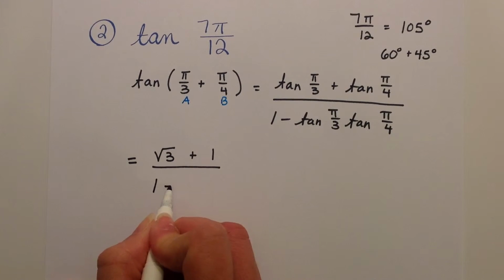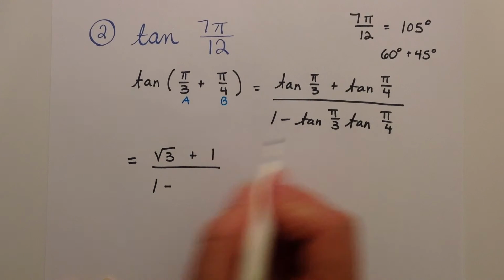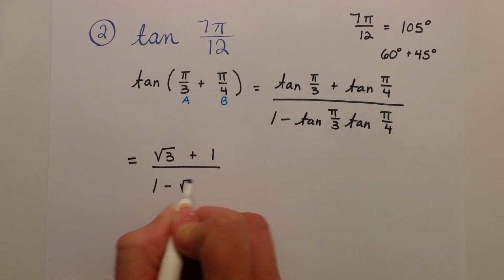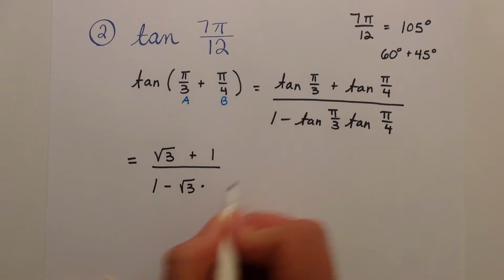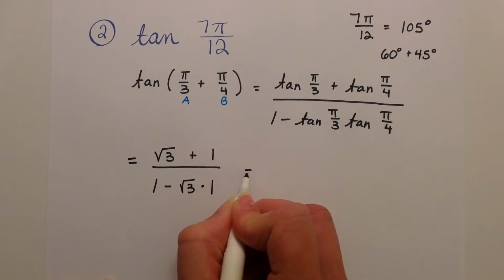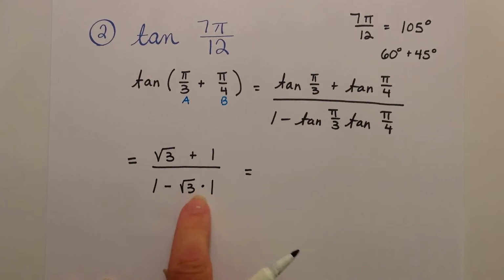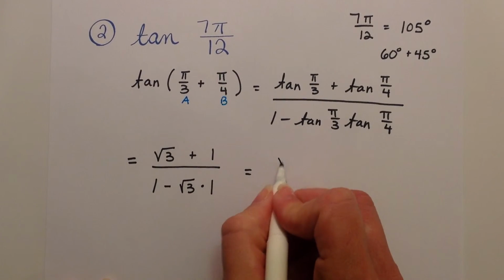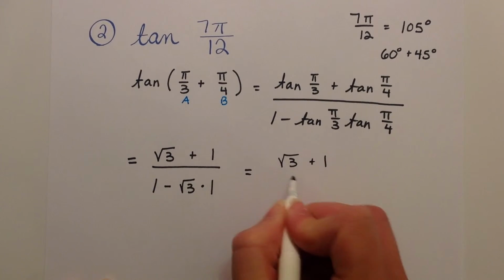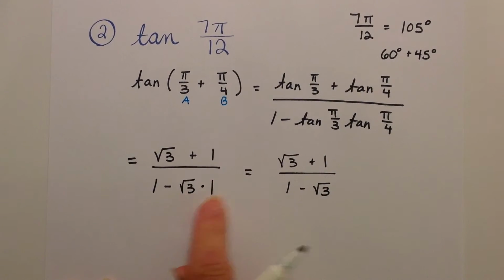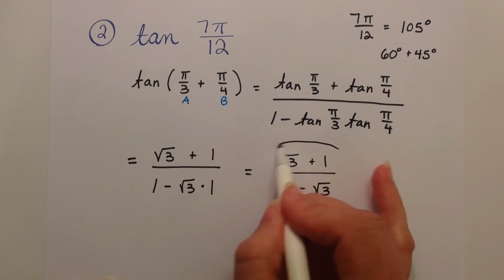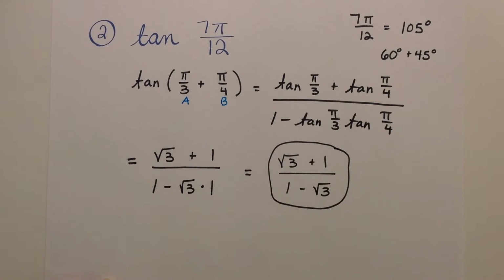And then 1 minus, again, tangent of pi over 3 is square root 3, and you're going to multiply that times tangent of pi over 4, which is just 1. Now, you would need to do the multiplication. Of course, the square root 3 times 1 is just going to be the square root 3, and there's not any further simplification that you would have to do to this one.